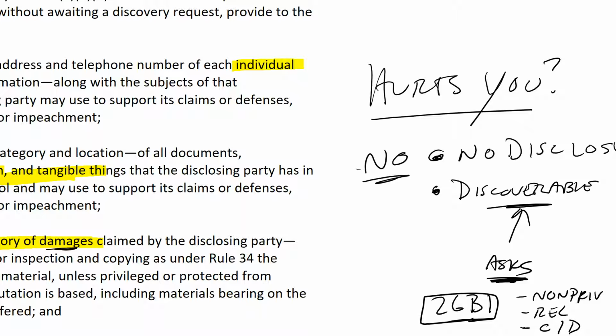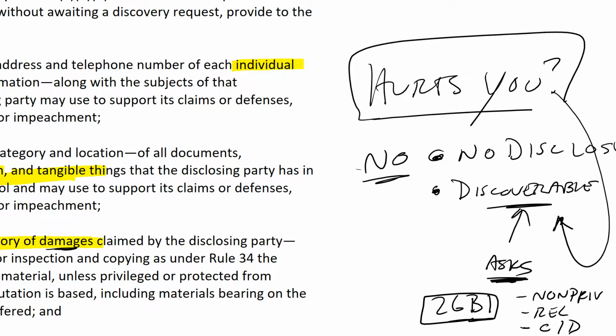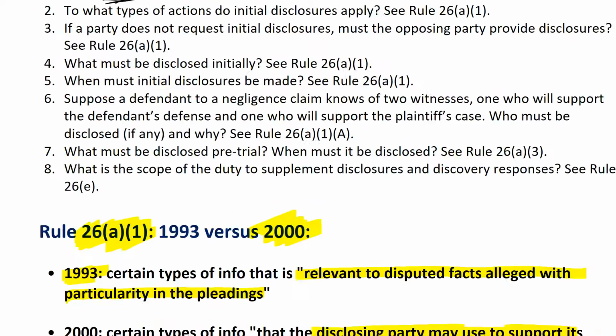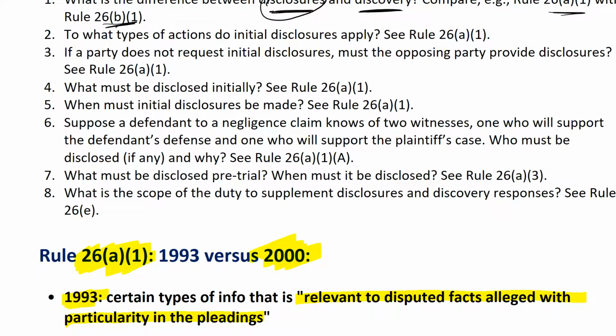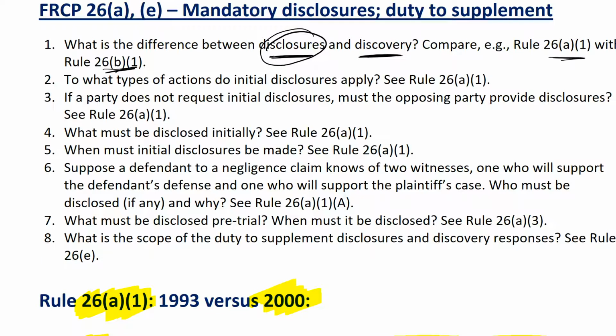So you don't get to hide information that hurts you. You still have to give it up so long as you're properly asked for it within the scope of discovery. Now, that's not what we're talking about. Now we're talking about the initial disclosures, right? So we've talked a little bit about what the differences are between disclosures and discovery, so I'll consider this addressed.